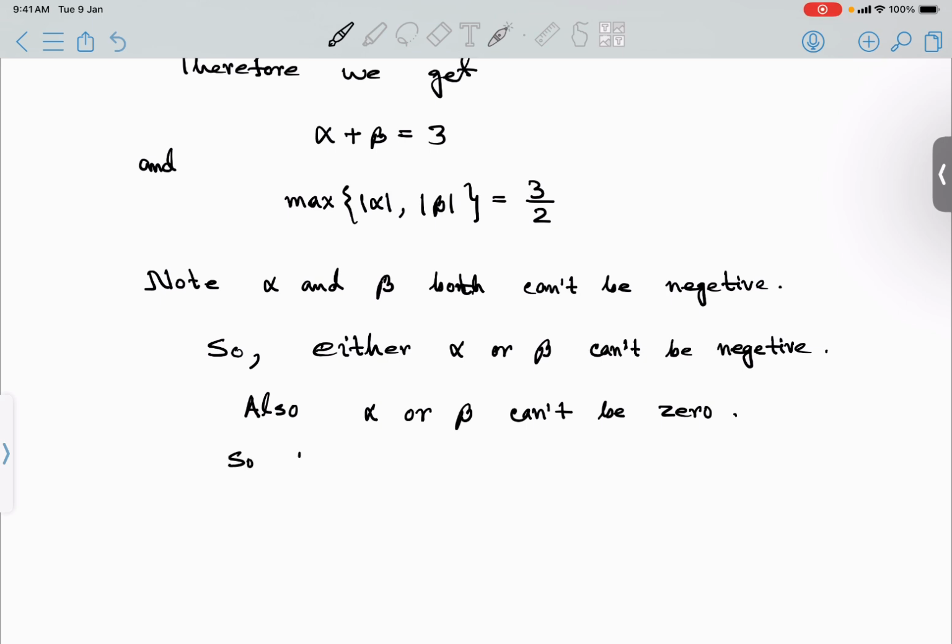So the only possibility is alpha equals beta equals 3 by 2.